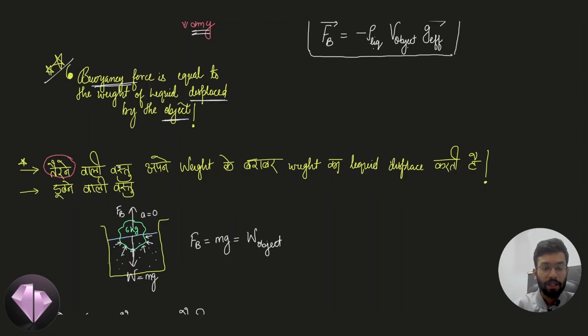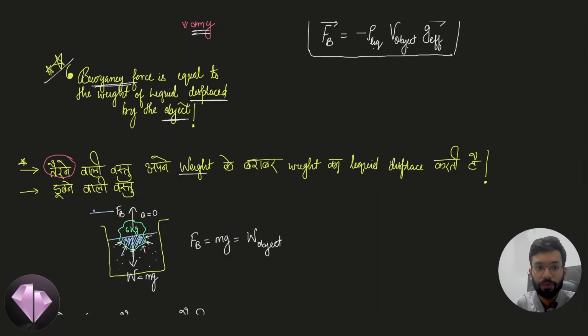Therefore, तैरने वाली वस्तु, all the ones which are floating, अपने weight के बराबर का weight liquid displace करते हैं. So basically, this has displaced a liquid of this much volume, right? So this is the liquid which is displaced by the object, और उस liquid के weight के बराबर is what my Buoyant force is, right?